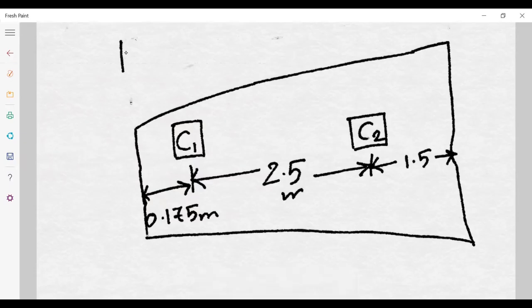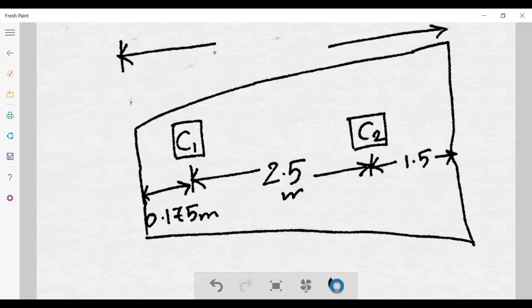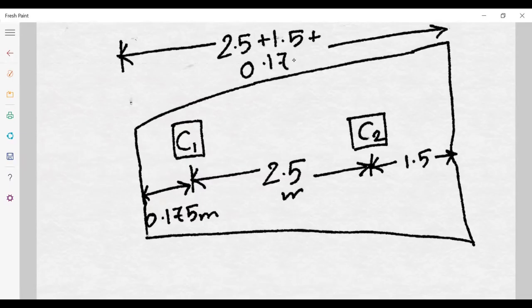So what will be the length of this footing right now? Length will become 2.5 plus 1.5 plus 0.175, which equals 4.175 meter.